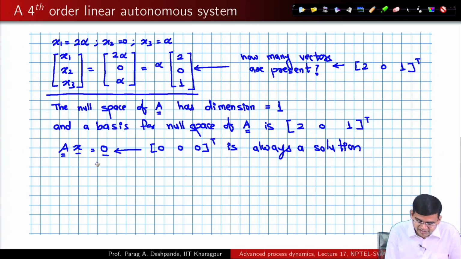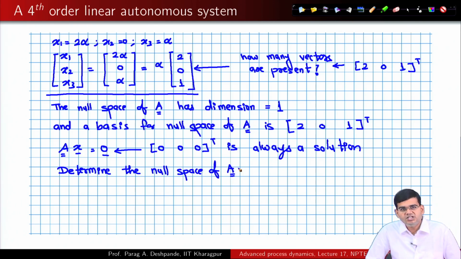So, what do I do? I determine the null space of A. Well, I have determined the null space of A by the procedure which I highlighted. Let me very quickly recall the procedure. I would write the matrix A, I would row reduce it. Once I get a completely row reduced form, I would convert it back to the set of equations. I will analyze how many equations are there, and how many variables are there.